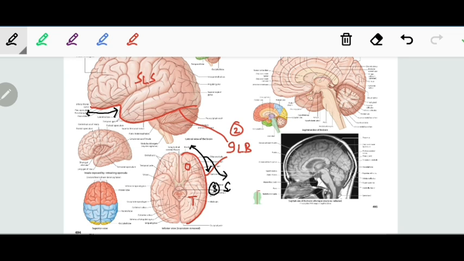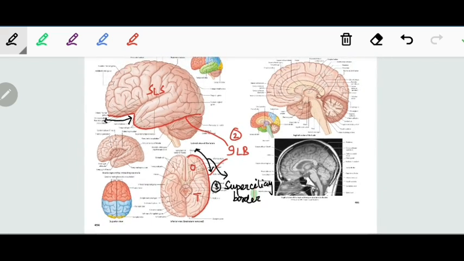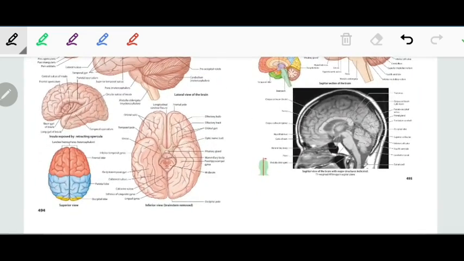Number 3. Superciliary border or anterior part of the inferolateral border. Numbers 4, 5, 6 are the medial orbital border, the hippocampal border and the medial occipital border. First, about the medial orbital border.